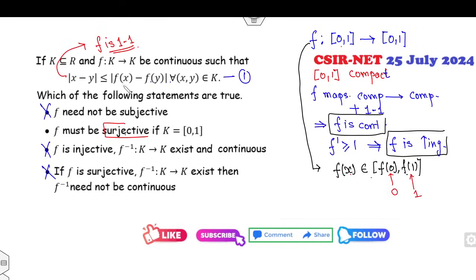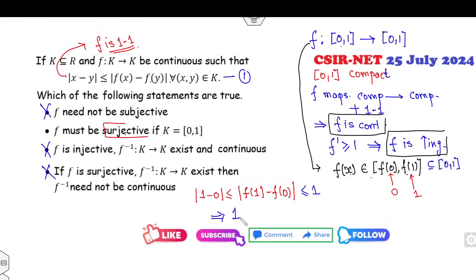Now you can see from equation number 1, I can take x at the end point because I need a 0. x is 1, so it will be f of 1 minus f of 0, and since these are subsets of [0,1], the difference will also lie between 0 and 1.